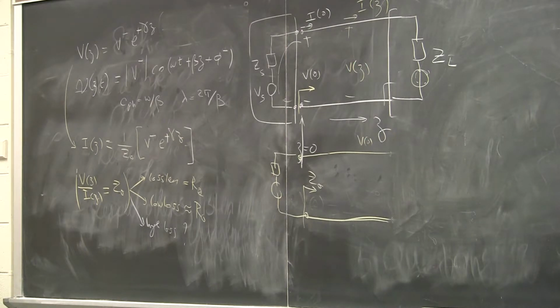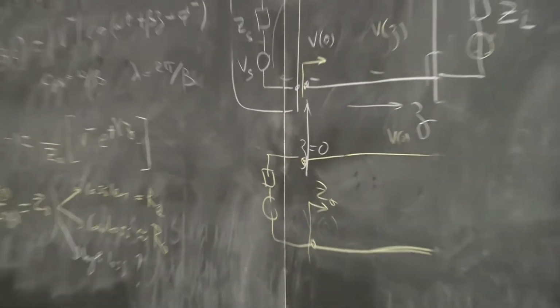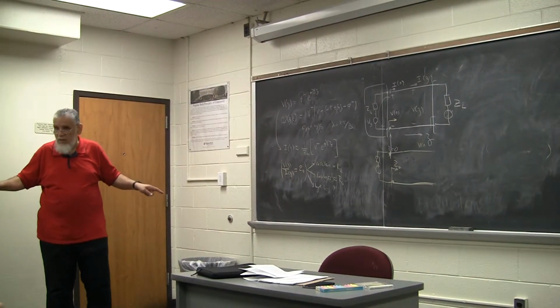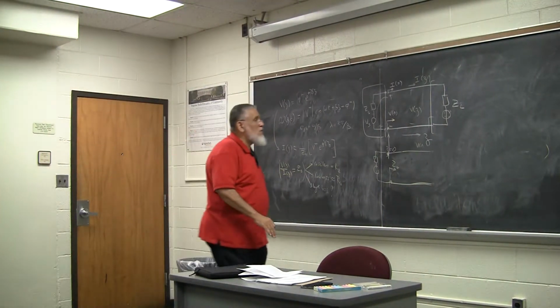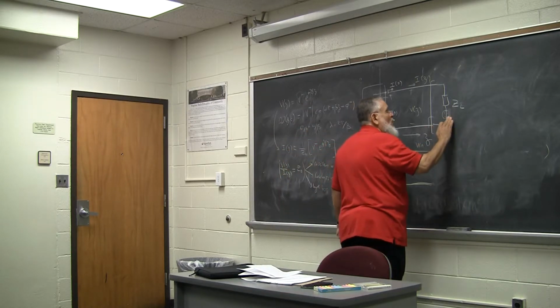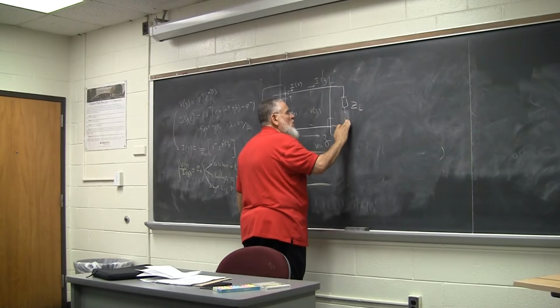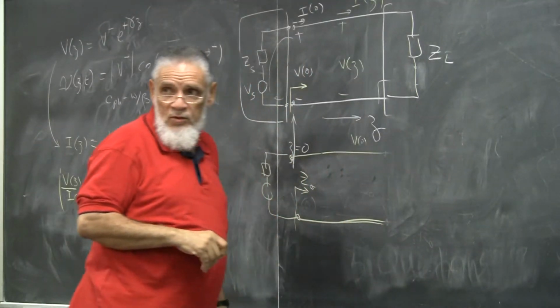What does superposition say? Well, you short one source and work with the other, and then later you short the other source and work with the first, and superimpose the two solutions. Again, that's all for linear systems, right? Non-linear is a different story. So if I solve one source on one side, it's the same tool, and all I need to do is redo it again and add the two solutions.